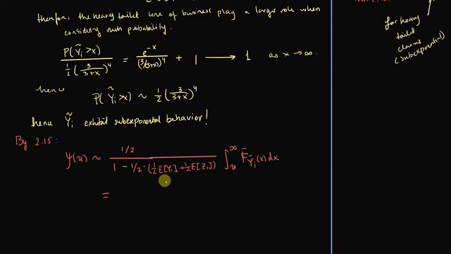Okay, so we're going to write up what this is. You have 1/2 divided by 1 minus 1/2, and then we have 1/2 multiplied by the mean value of an exponential distribution with parameter 1, so that's just 1, plus 1/2 multiplied by the mean value for a Pareto distribution with parameters 4 and 3, and that mean value is 3 divided by 4 minus 1.